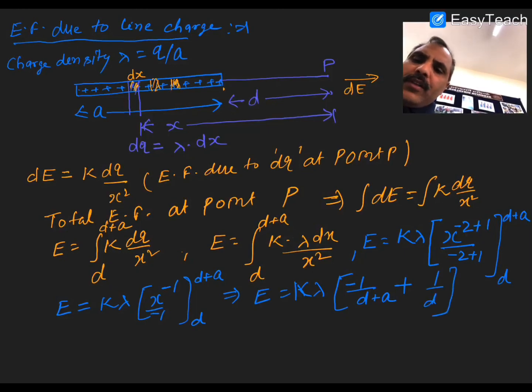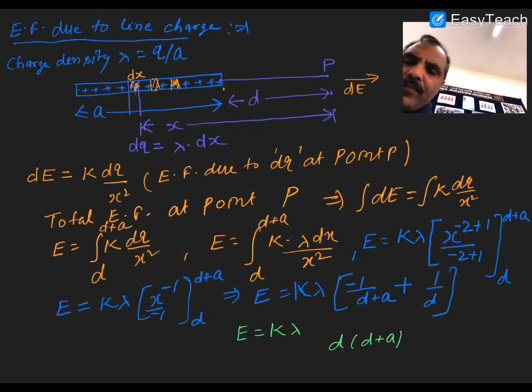This is the electric field due to the line charge at point P. E is equal to k lambda times minus 1 upon d plus a plus 1 upon d, and you can simplify these equations. E is equal to k lambda times d plus a minus d upon d into d plus a.